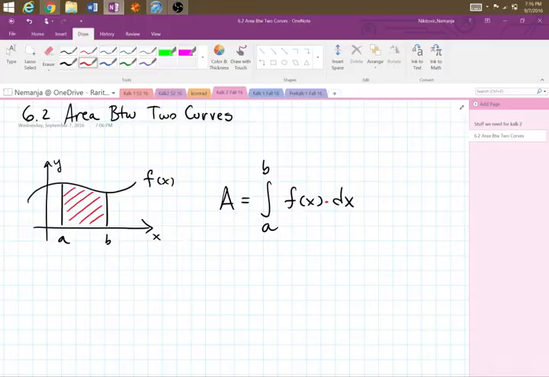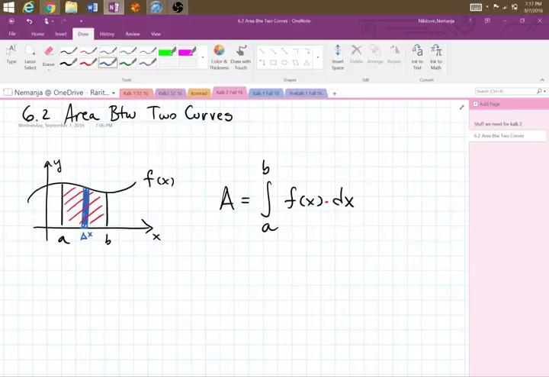You might want to get into the habit of drawing the representative delta x rectangle. And we also know that delta x is the same as dx from Calculus 1. So this representative rectangle is going to save our skins over and over and over again as the course goes on, because we will have to set up integrals.